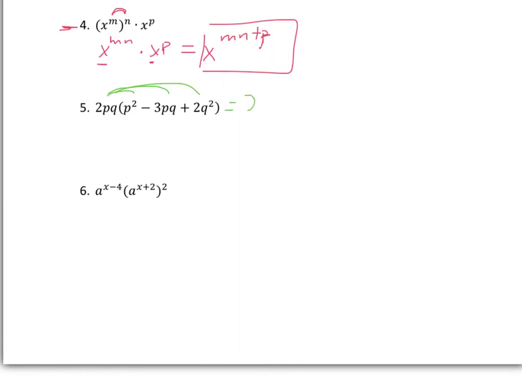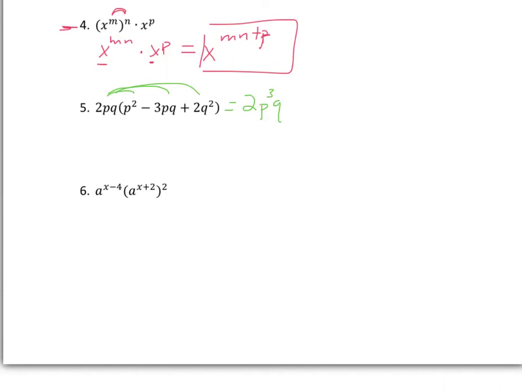Well, the 2 and the q aren't going to be able to change very much, right? But we do have to combine the p and the p squared. So p times p squared, you just keep the base and add the exponents. 1 plus 2 is 3. Keep the q the way it is. So 2pq times p squared is 2p cubed times q.